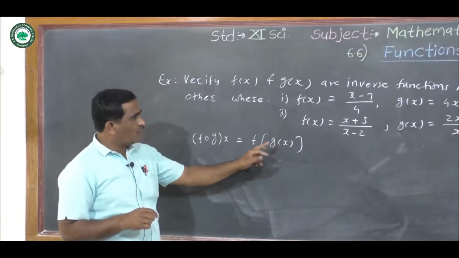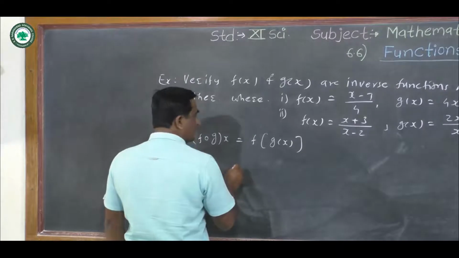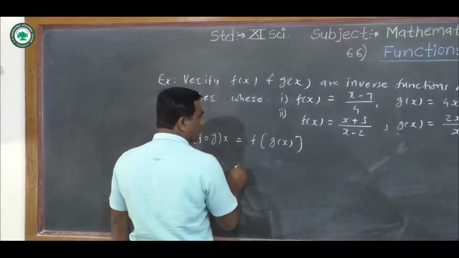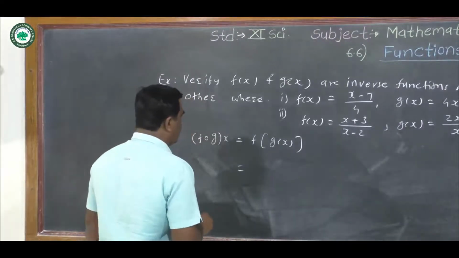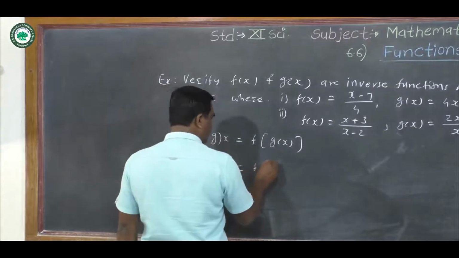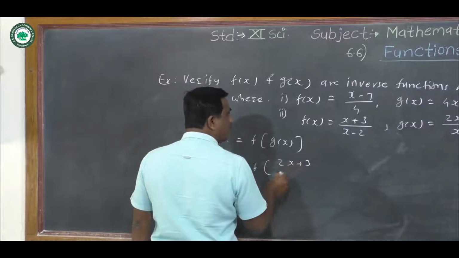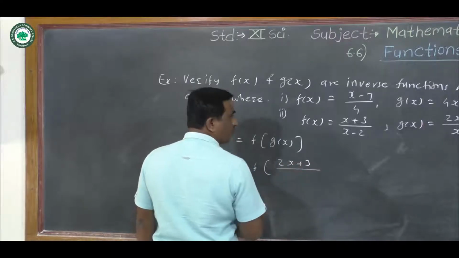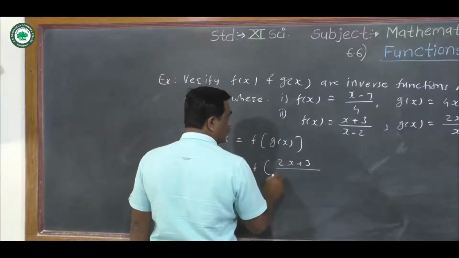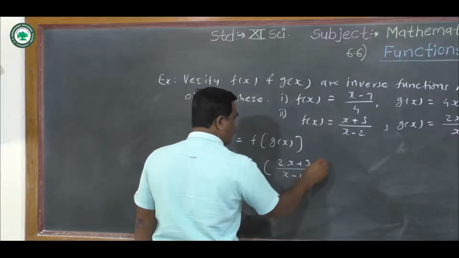Now put the value of g of x here, that is 2x plus 3 upon x minus 1.